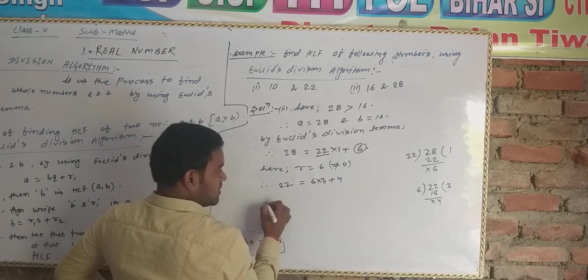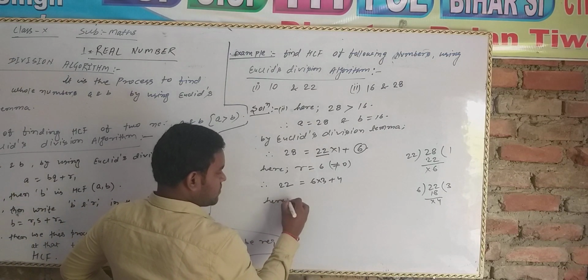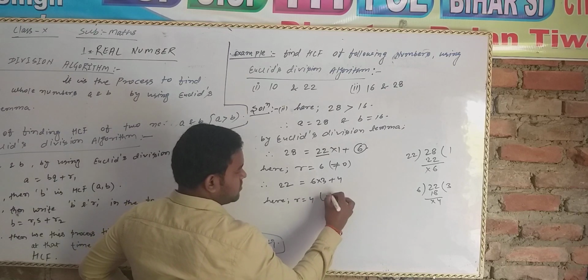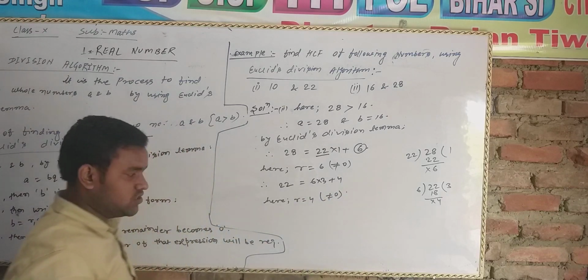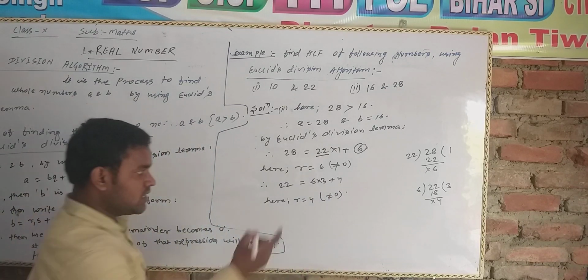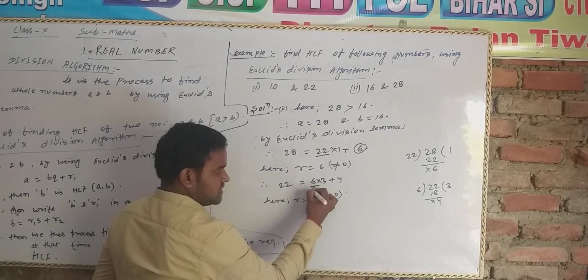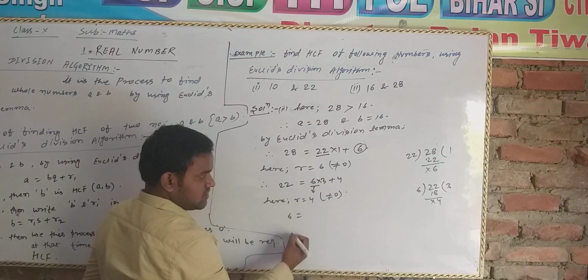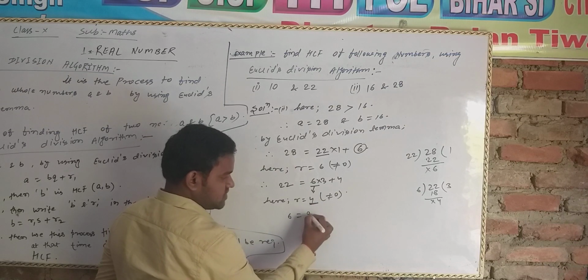So here r is equal to 4, not equal to 0. Then use the next process similarly. This 12 becomes dividend and this remainder 4 becomes divisor.